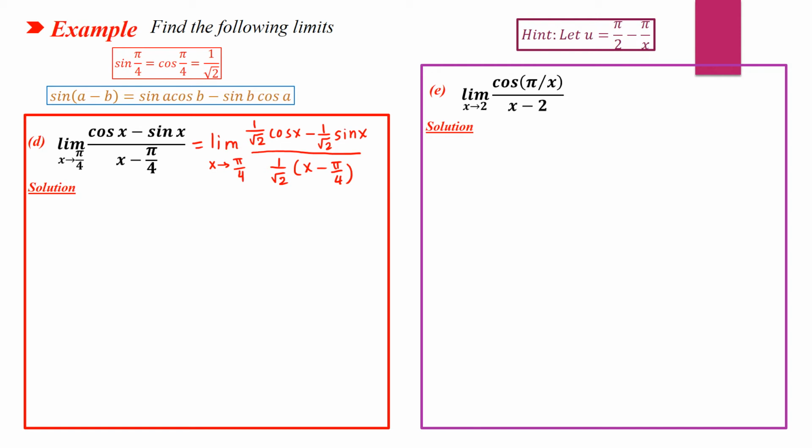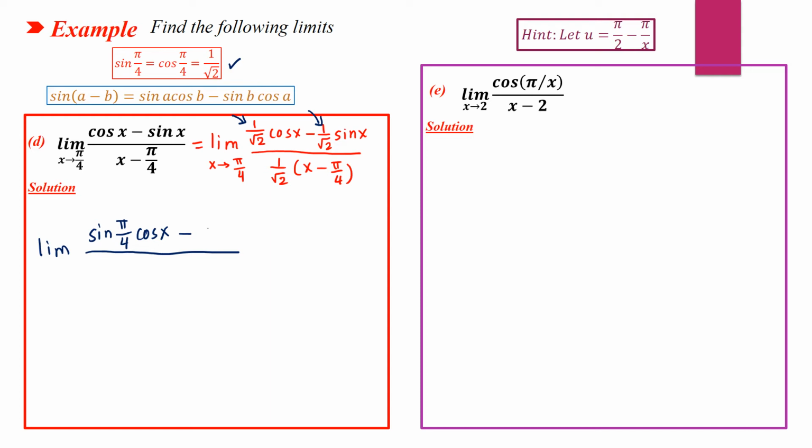The second step, you have to use this one. 1 over 2 is the sine of pi over 4 and cosine pi over 4. So the first 1 over radical 2, I have to write it as sine pi over 4 multiplied by cosine x, minus the second 1 over radical 2, which I will write as cosine pi over 4.